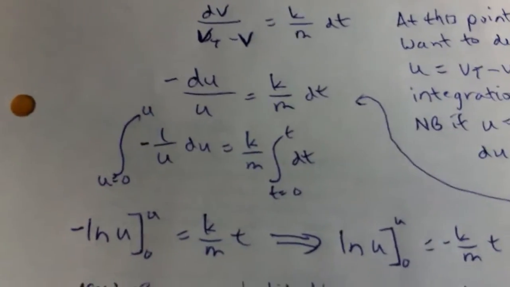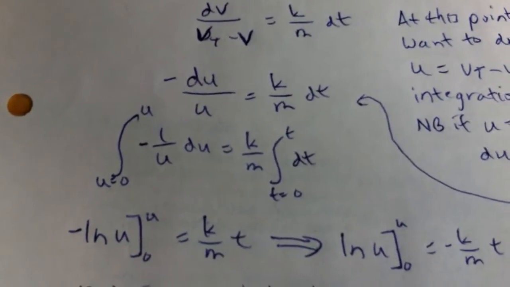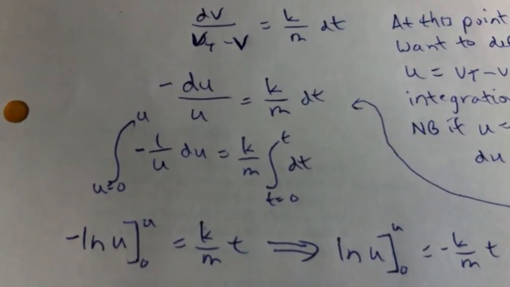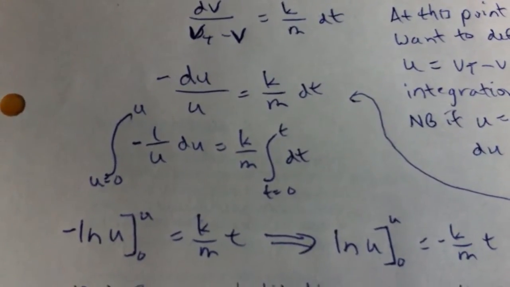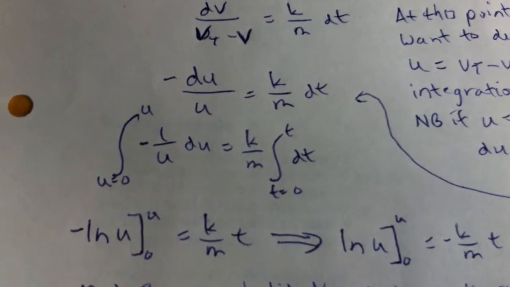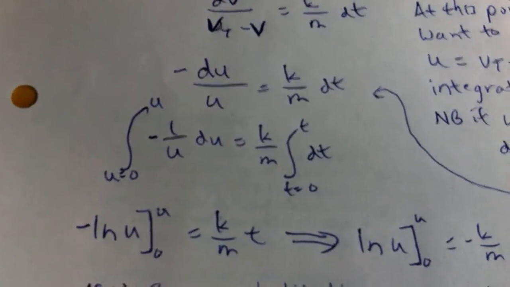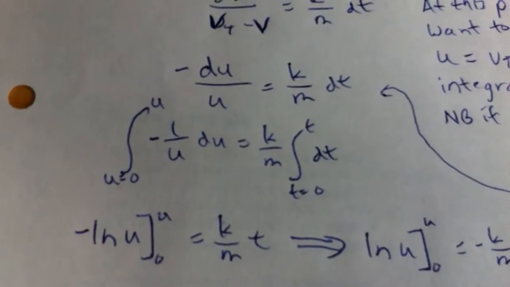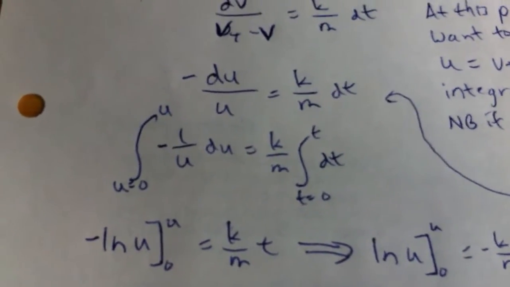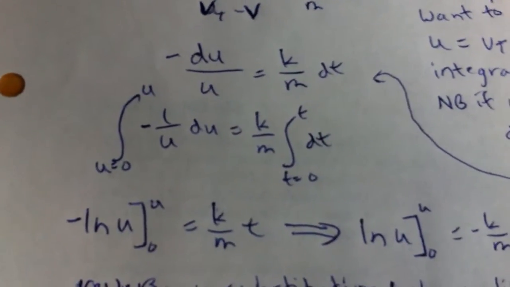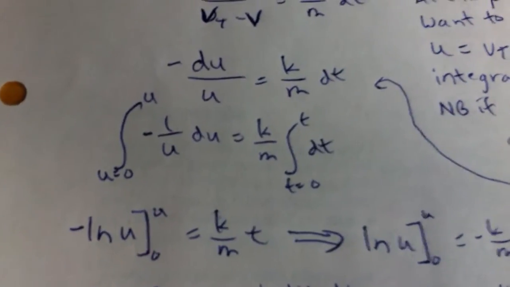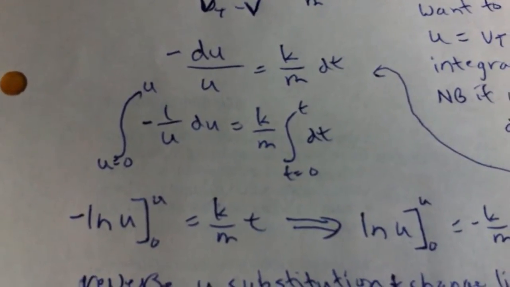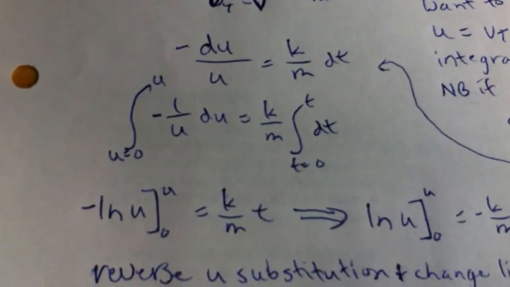The limits of integration are, on the left-hand side, from 0 to u, and on the right-hand side from t equals 0 to t. That's permissible, to have different limits of integration, as long as they correspond to the same point in time. So we're going to integrate negative 1 over u du, and we're also going to integrate the right side, which is very simple integration.